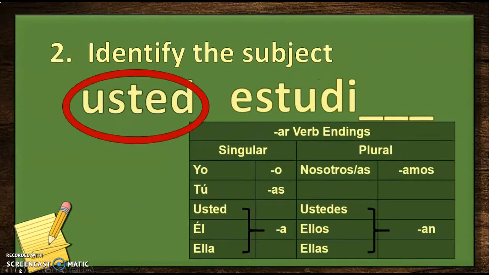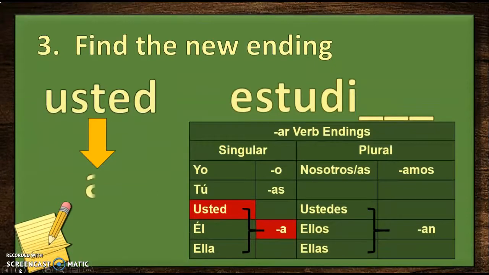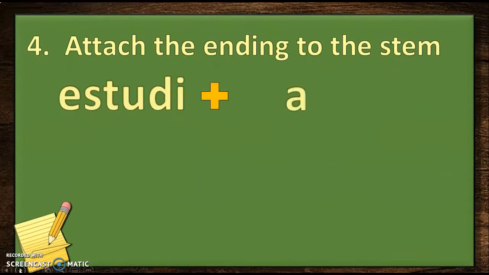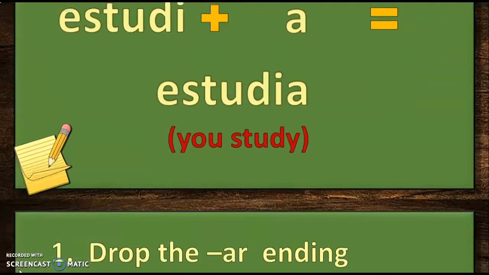My subject is usted. If I refer to the chart, I see that the ending for usted is a. So I'm going to add that to my stem, and I get estudia. And in this case, it means you study. In this case, it's the formal one because I said before that the subject was usted.